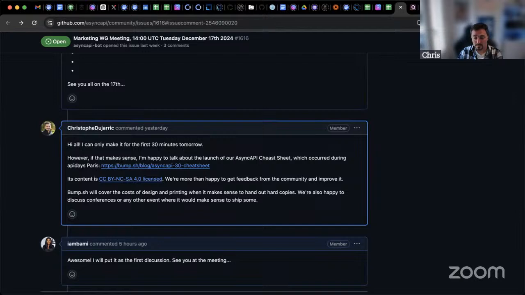What I wanted to offer is that, if it makes sense, for future AsyncAPI in-person events, we're more than happy to have them printed and sent over to the event location so that it can be useful for any community member attending. That's basically it. So yeah, I'm happy to talk about it if there is any feedback.